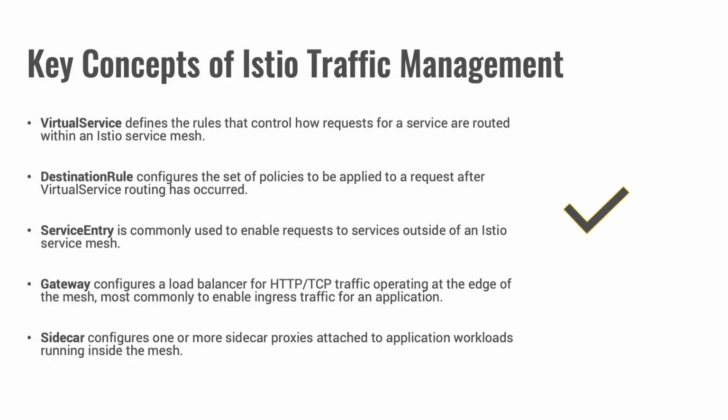So virtual service defines the rules that control how an inbound traffic hitting the edge at the gateway level finds its way to the appropriate service. So that is the virtual service, which is the link, the conduit, the channel between the ingress gateway and the actual service deployment.